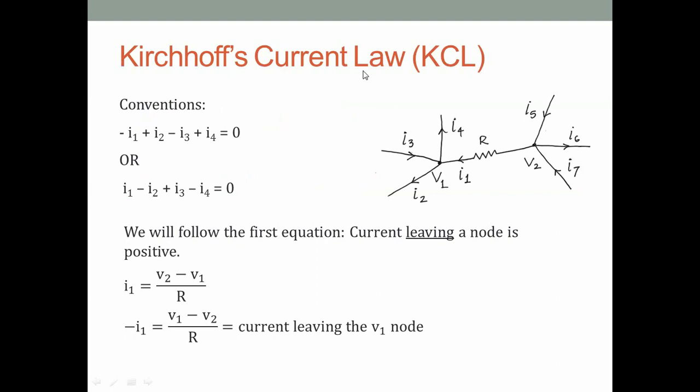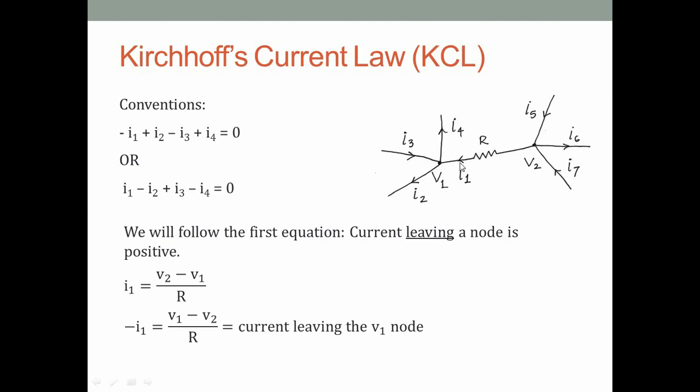Okay, so Kirchhoff's current law: the algebraic sum of the currents at a node is equal to 0. So let us look at this node here. There are 4 currents, and if you want to write the KCL mathematically, we can write minus I1.